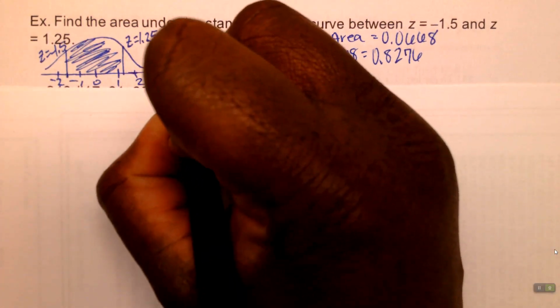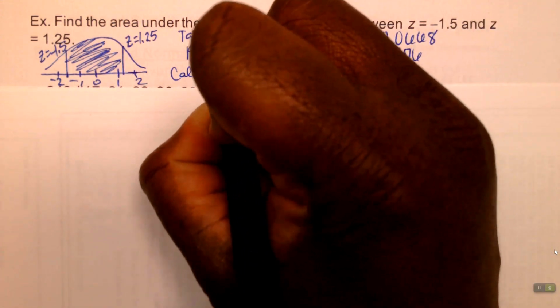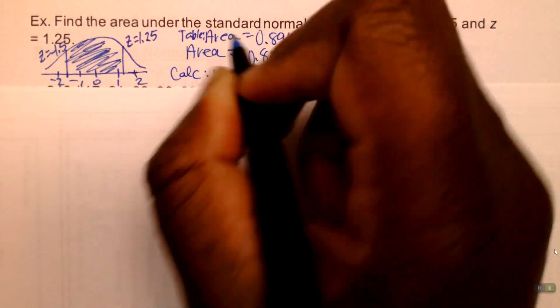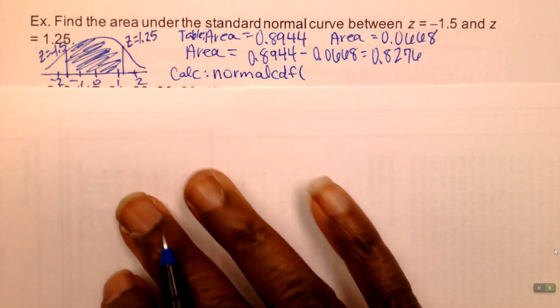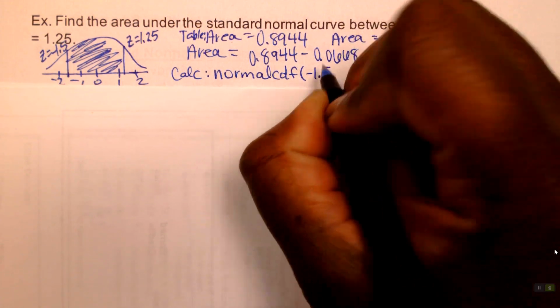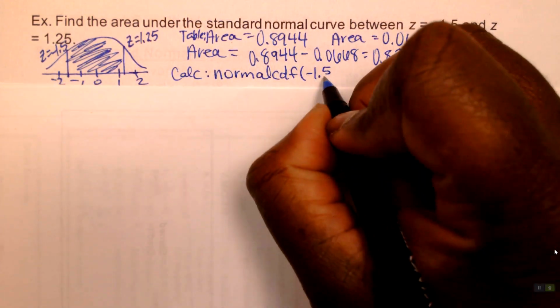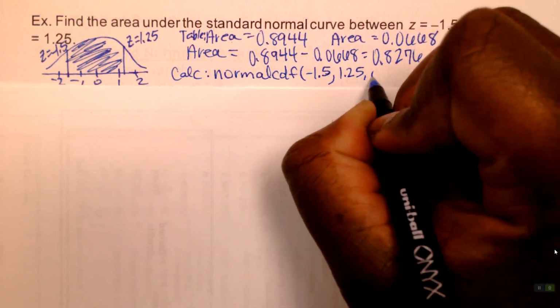So for the calculator, we're going to put in our lowest and highest z-scores. So notice neither end is shaded. So we're not going to put in a negative or positive 10,000. We're going to put in negative 1.5. We're going to put in 1.2501.